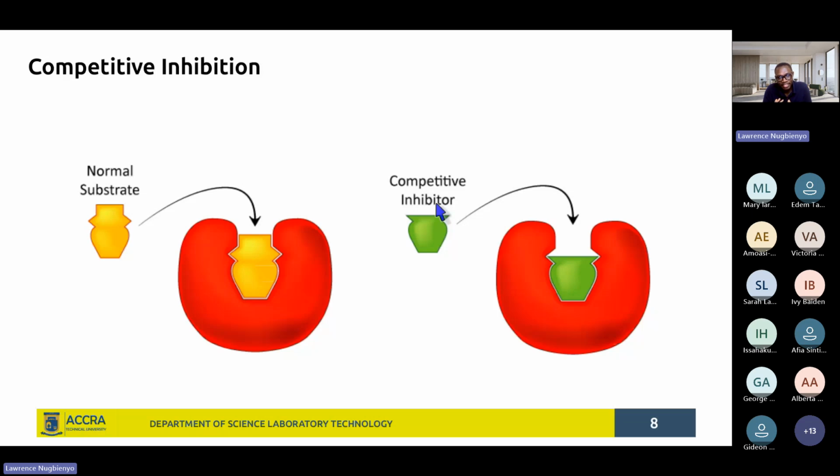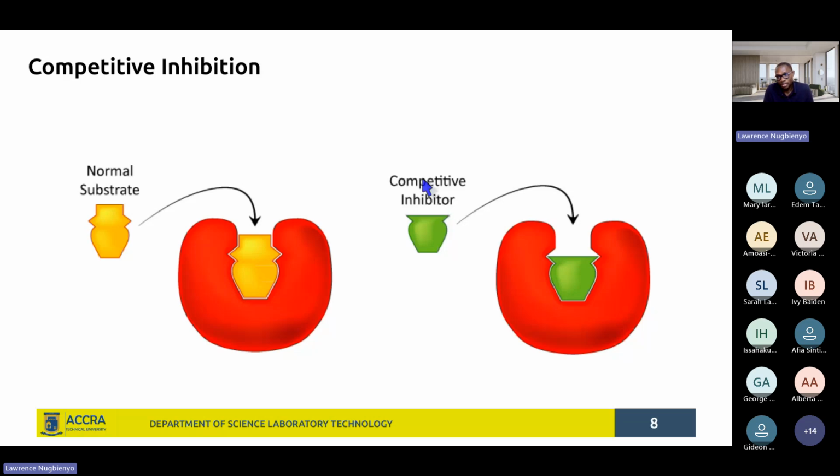Sometimes we refer to it as a structural analog of the substrate. So it has a structure that is similar, not the same function. It's not a functional analog. It has a structural similarity that can bind to the active center, but it will not have the same effect as a substrate.